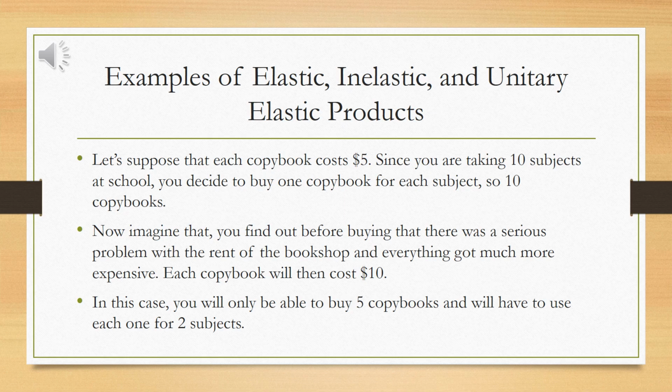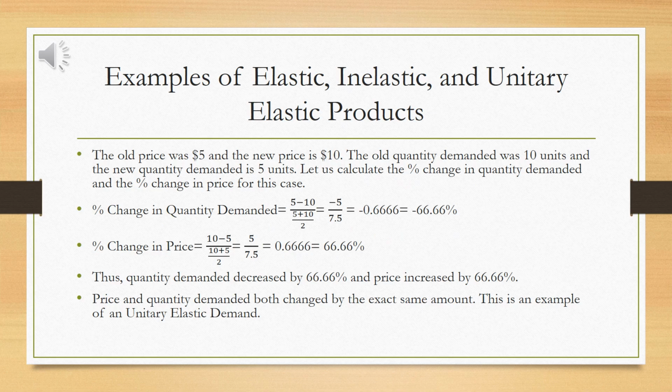Each copybook will then cost $10. In this case, you will only be able to buy 5 copybooks, and we'll have to use each one for 2 subjects. The old price was $5 and the new price is $10.